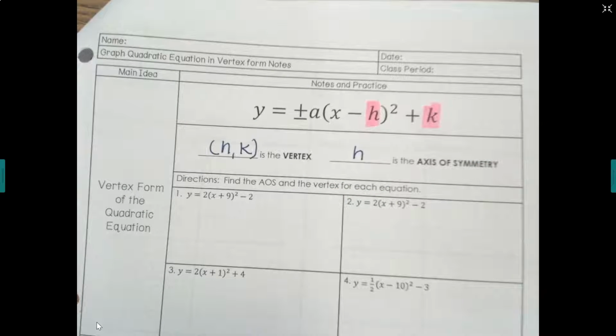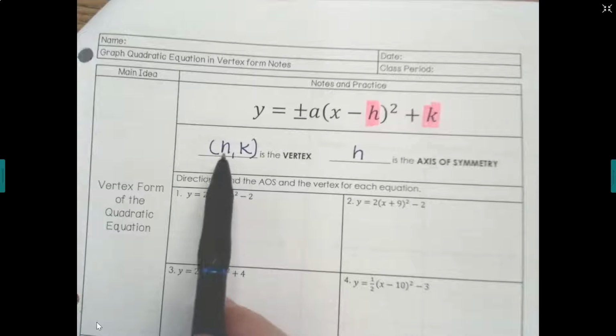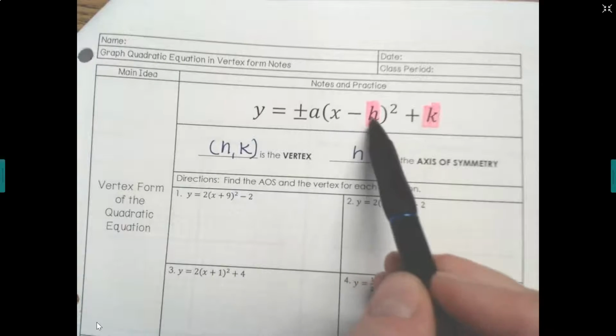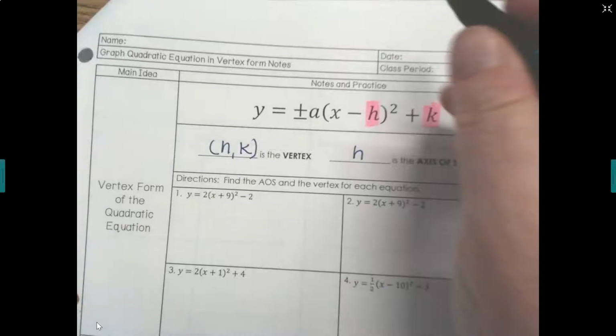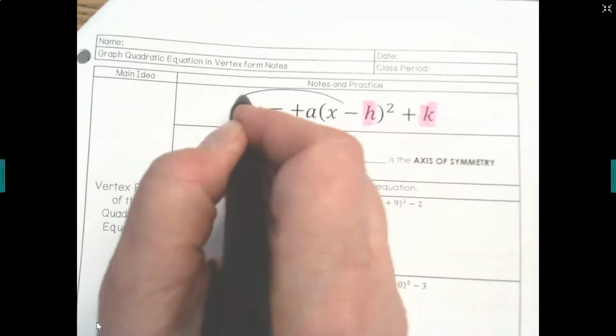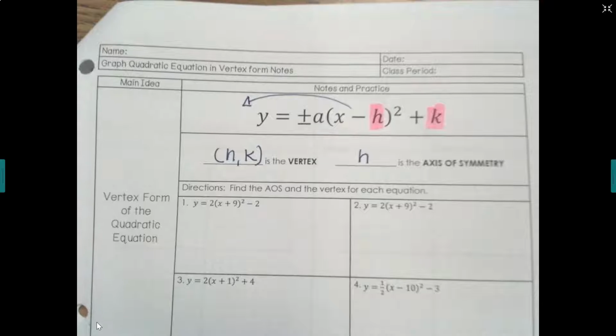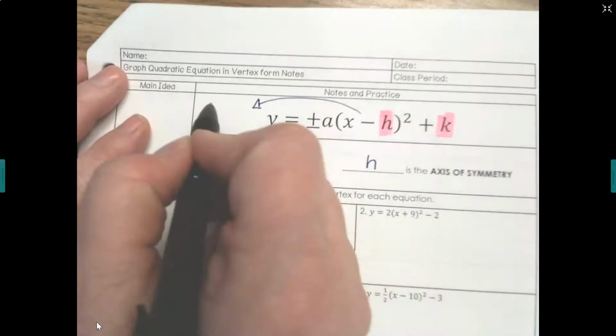Okay, so the one thing that you have to pay attention to is notice this says this is a positive h, and I don't mean that every time you'll always have a positive x value for your vertex. What that means is in this parenthesis, this is x minus h. So really what you want to look at doing is kind of like when we were solving before.